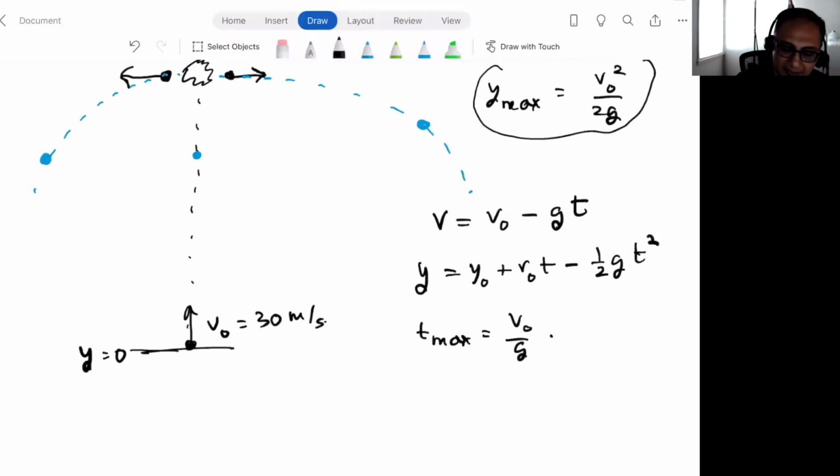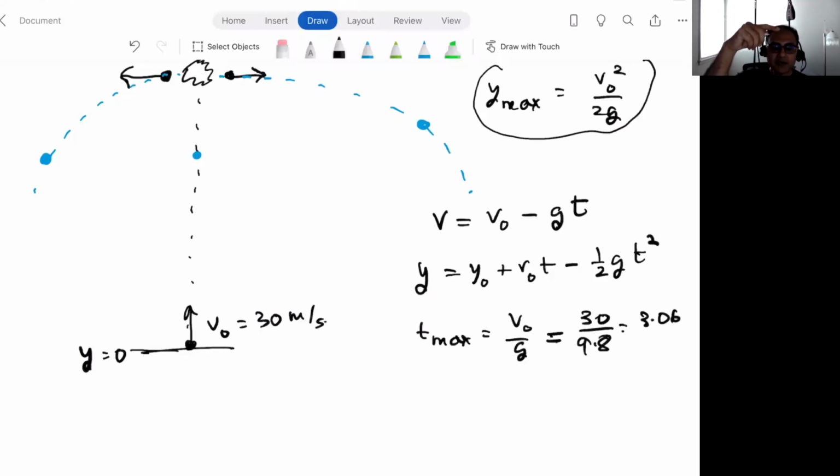All right. Now, let's find the T max. So the T max is going to be 30 divided by 9.8. Can somebody tell me what is 30 divided by 9.8? It's going to be very close to 3. 3.06. So that is the amount of time it's going to take to get to the top.